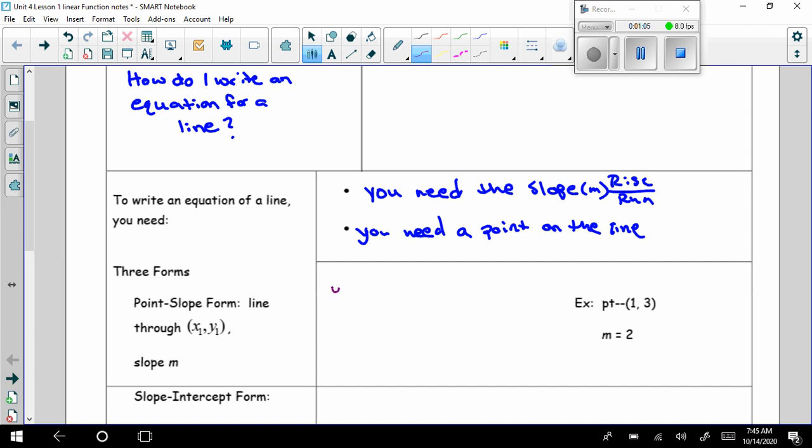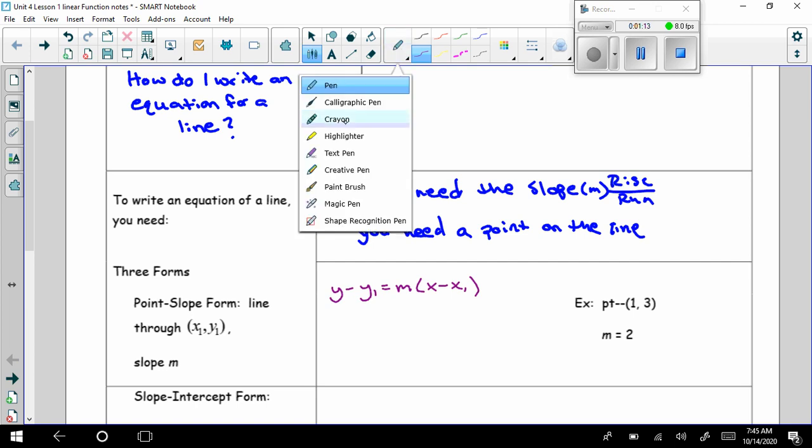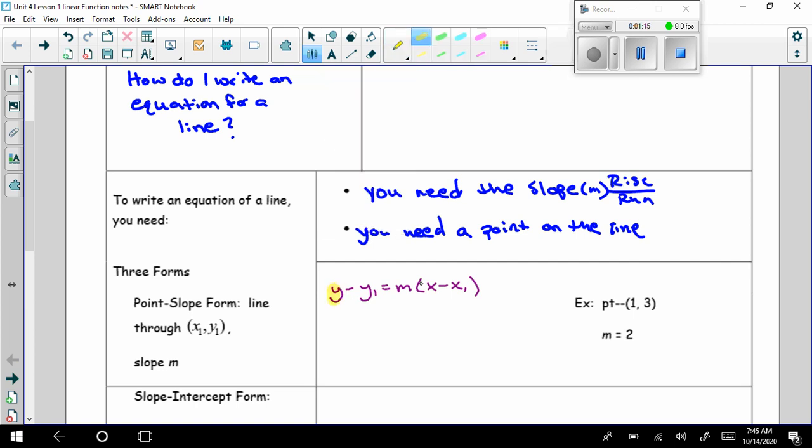Point slope form is y minus y1 equals m times x minus x1, where remember your y and your x stay y and x the whole time. And the other values are things that you plug in.